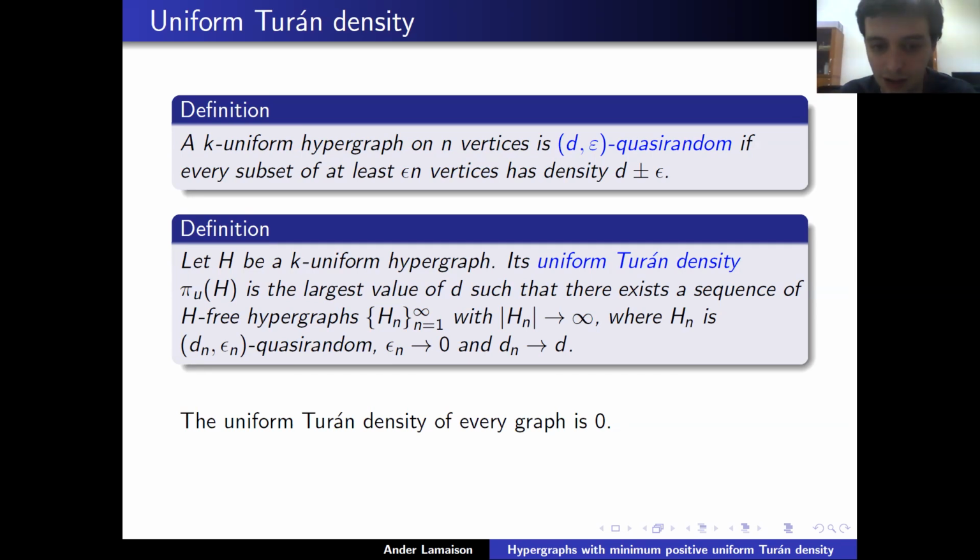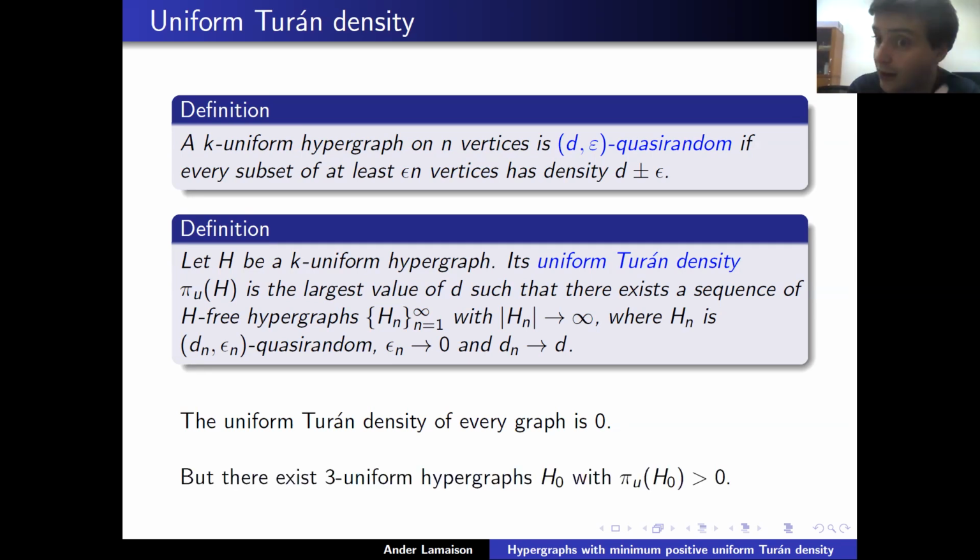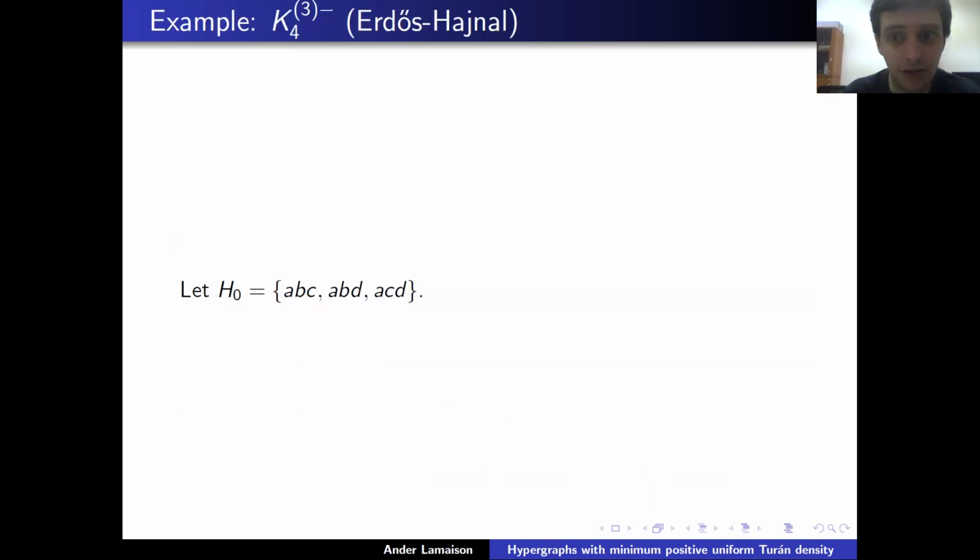And we have the following example that I think motivated the question for Rödl and Schacht. This is a construction that's due to Rödl and Schacht, and the hypergraph that we are going to forbid is K4 minus an edge, so the 3 uniform hypergraph with 4 vertices and 3 edges. The construction goes as follows.